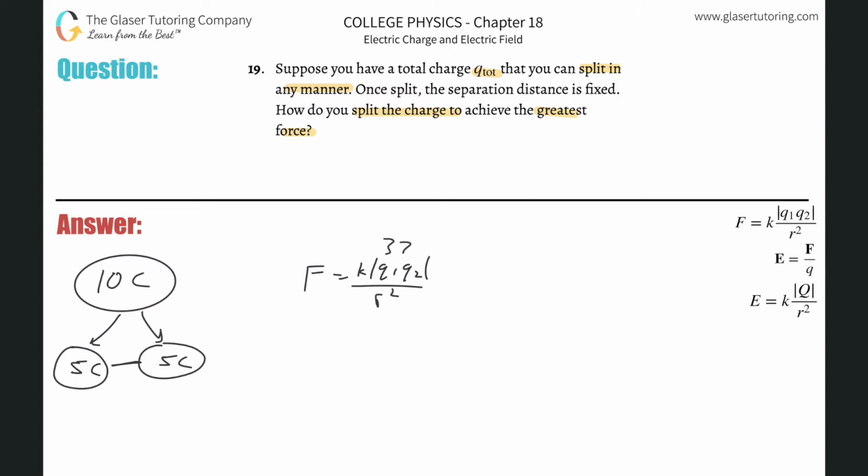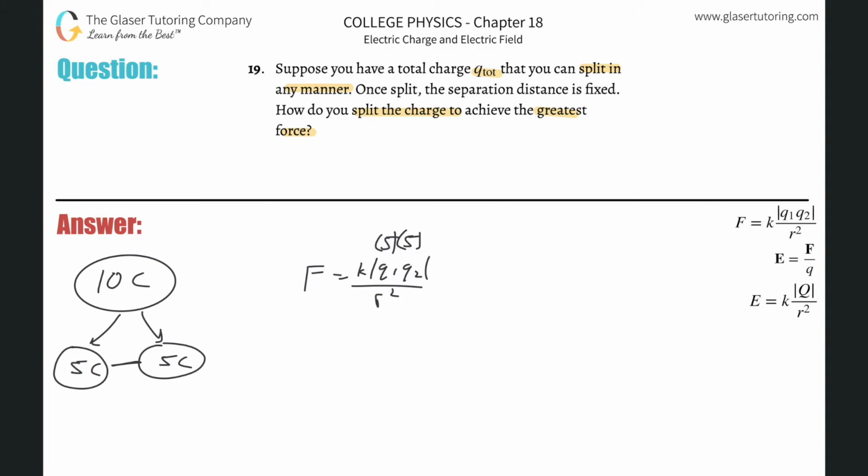What did you notice? You noticed that when they were split evenly, it gave you the maximum product. 5 and 5 gave you 25. Now, I could prove this with mathematics, but do a couple of examples. The nature of the underlying math is not going to change, so there's no need to prove this with some kind of crazy mathematics.